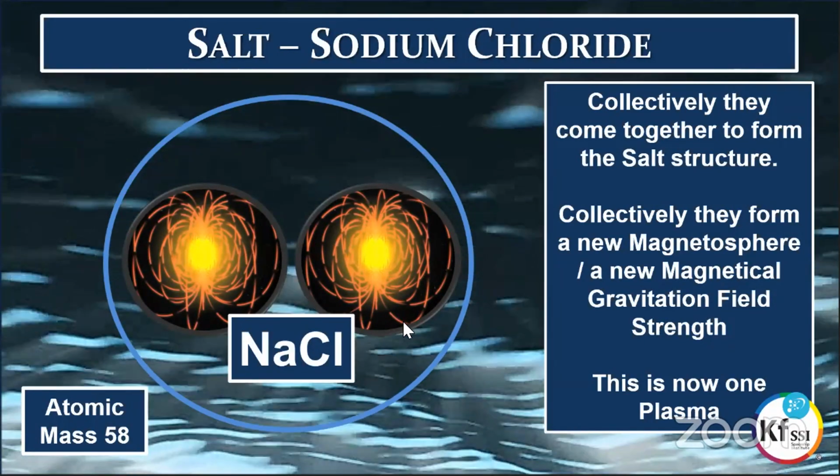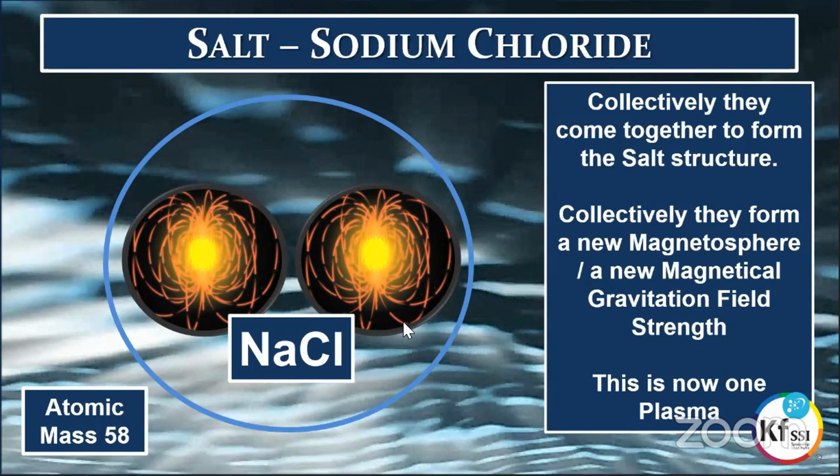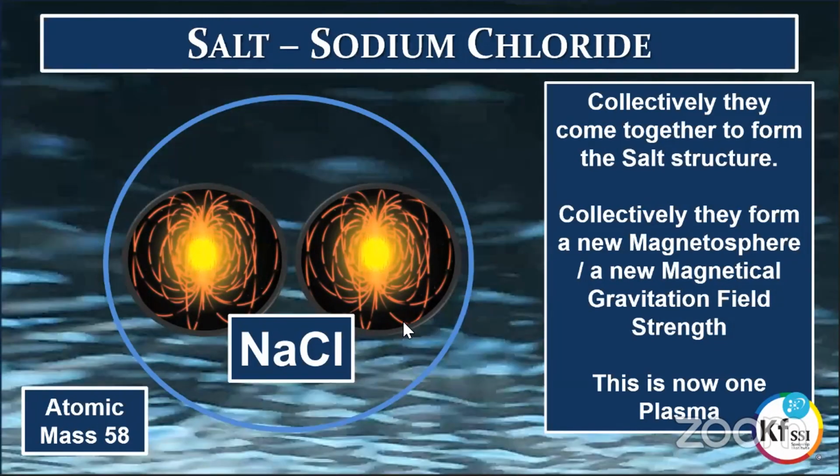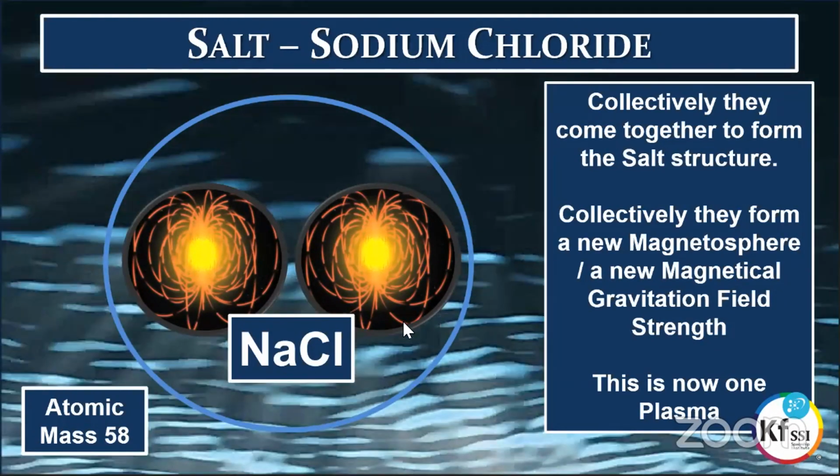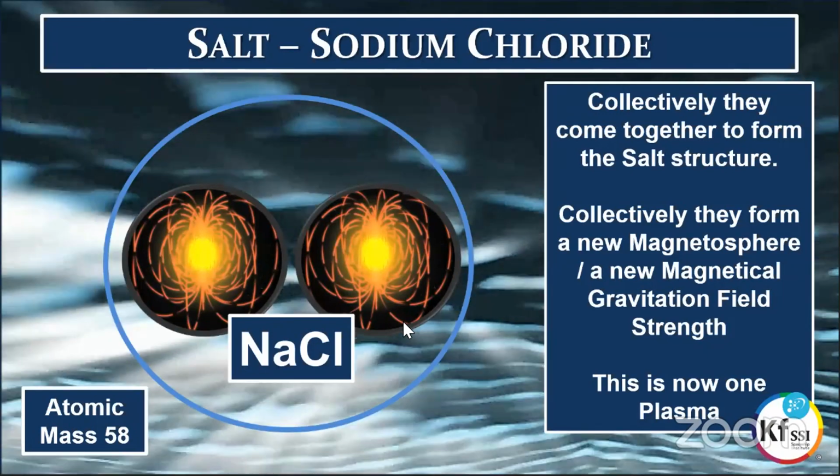So the combination of the two and the interaction of the two creates its own new strength, and this is now what we call the one plasma orb.